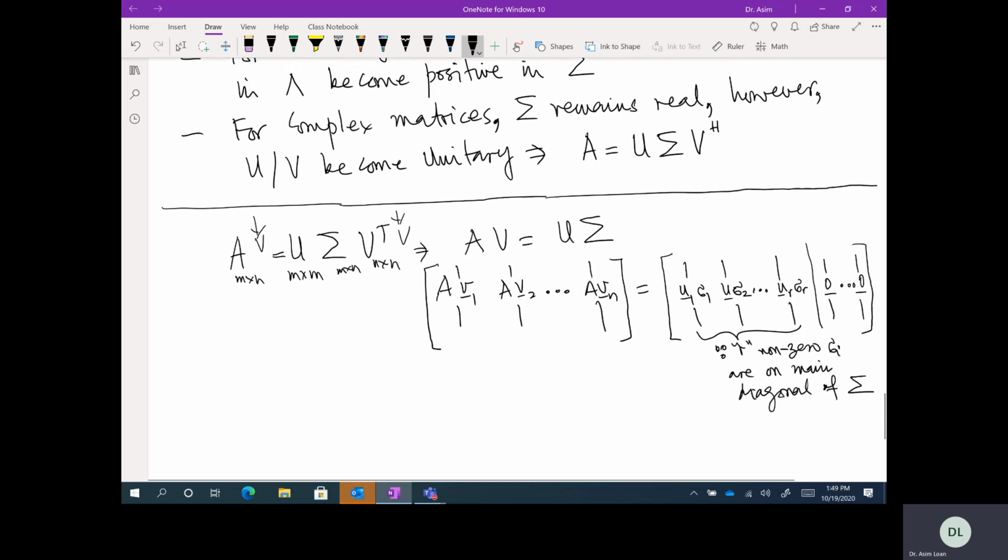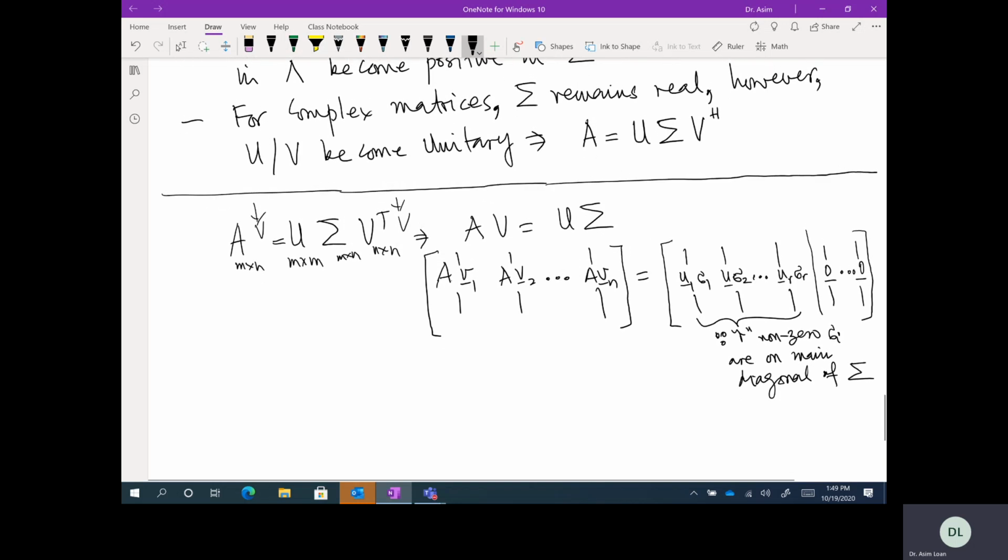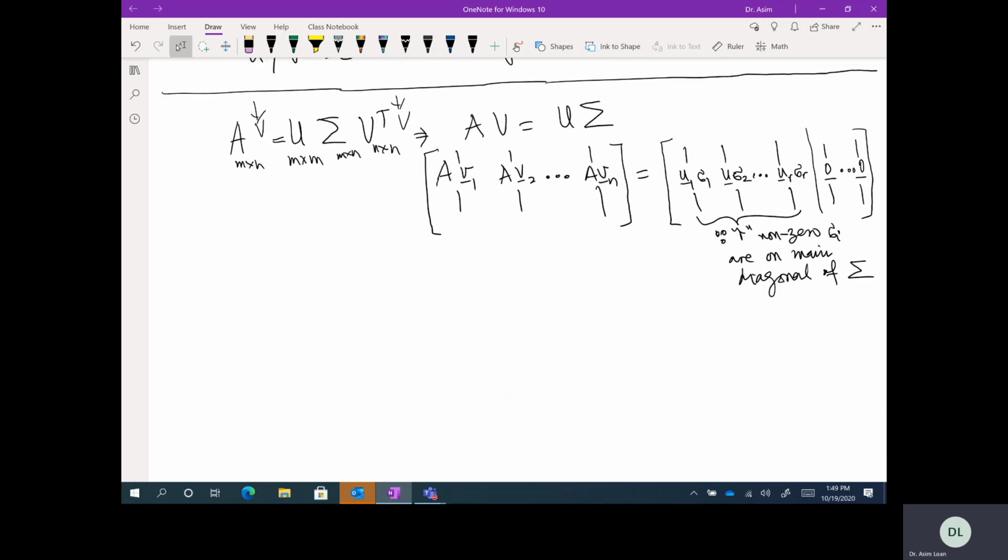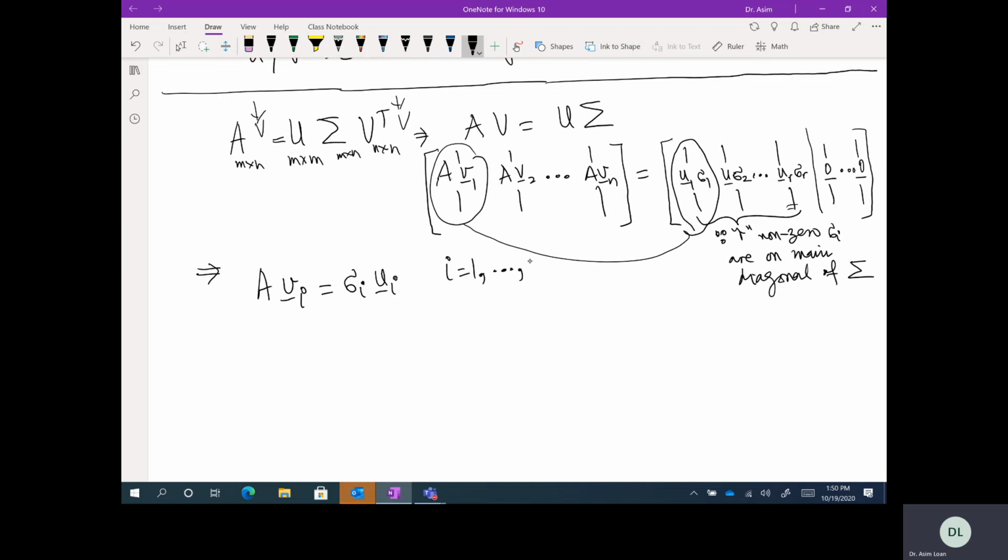And then this implies this column vector equals this one, up to R of these. So A Vi equals sigma i Ui for i equals 1 to R, right?